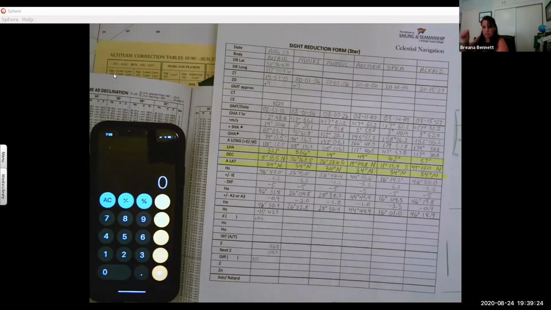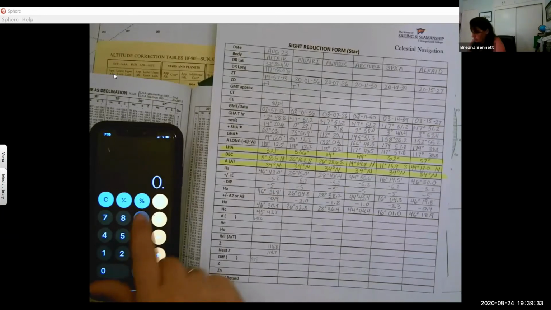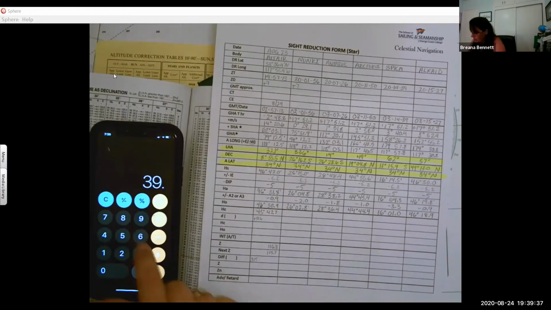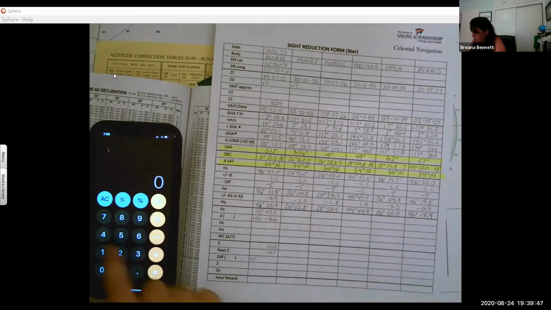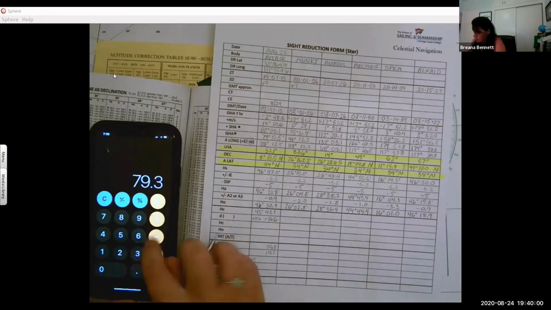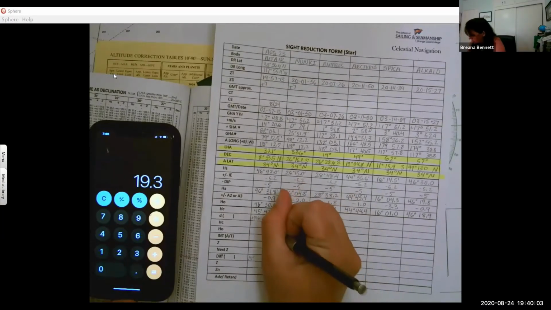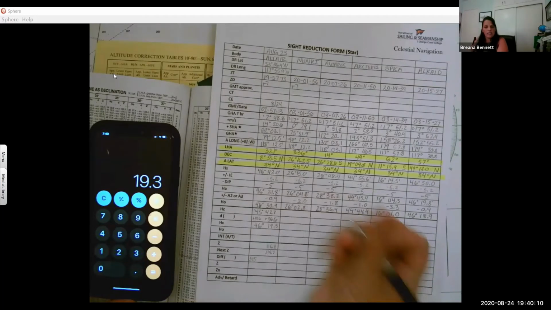These are the little time saver shortcut things that you'll get along the way. 0.925 times 39.6 gives me 36.6, so plus 36.6. 42.7 plus, dang it, 42.7 plus 36.6 minus 60 gives us 19.3, carrying the 1, 46 degrees, 19.3.